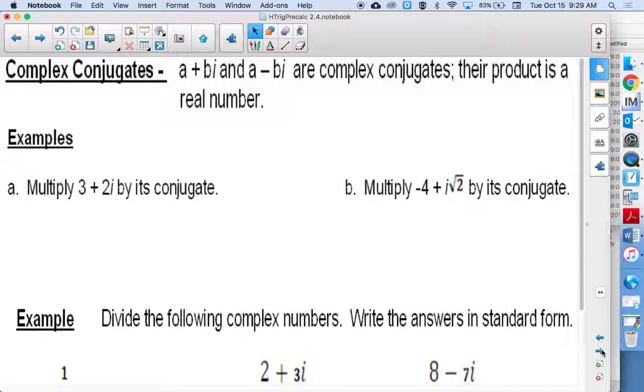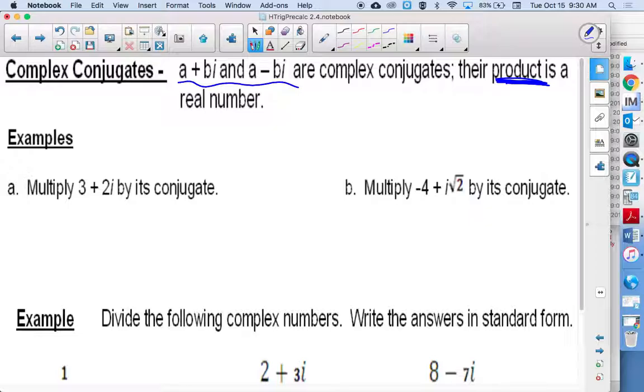So this says that a plus bi and a minus bi are called complex conjugates. So I have a real number plus an imaginary, and a real number minus the same imaginary. It also says their product, meaning when we multiply them together, is always a real number. These guys will always be together because I'm solving for something that's squared.